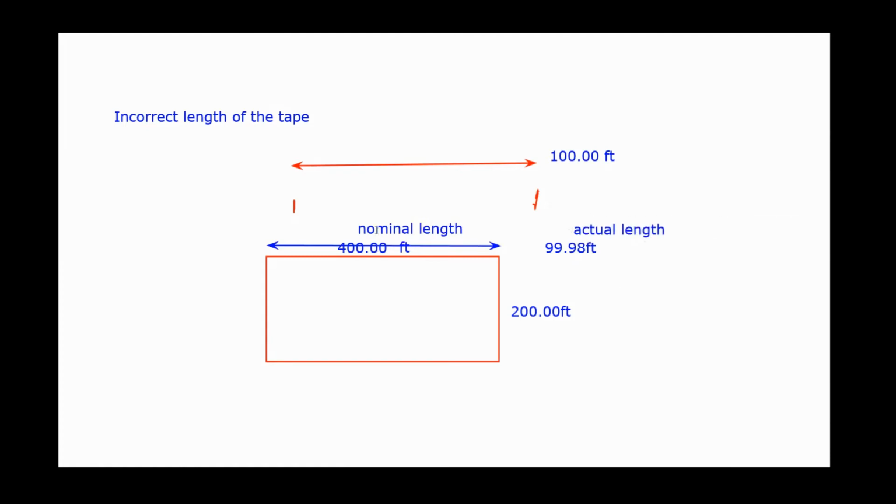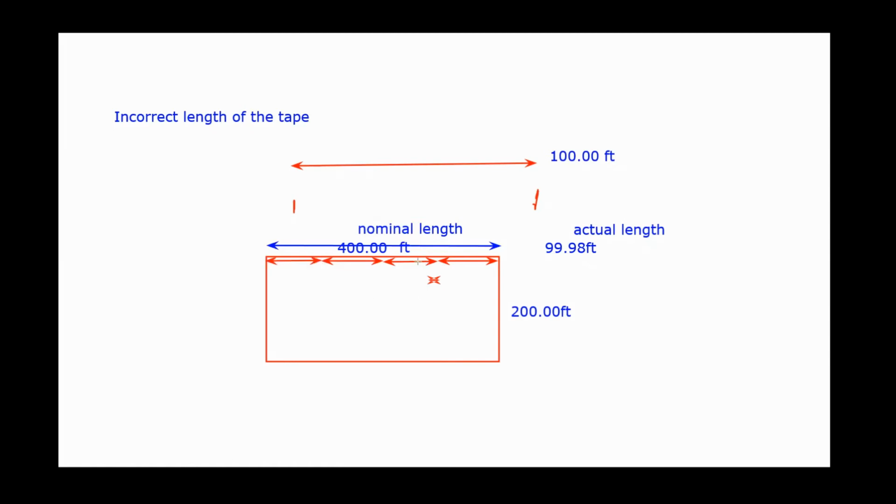The nominal length is the length that I believe it is, a 400, but the tape is actually 99.98. So what will be the actual length of this building here? You think about it, this is what you did. You laid down the tape for 100 feet, and then another 100 feet, and then another 100 feet, and then another 100 feet.